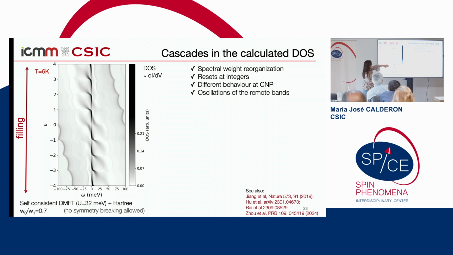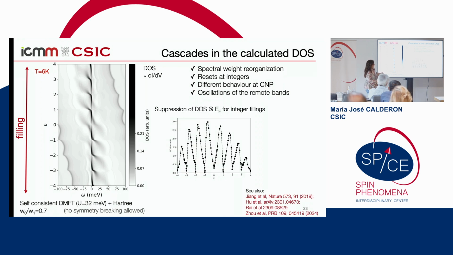Okay, so this is what we are observing here. And also we can look at what happens with the density of states as a function of the filling at the Fermi level. We also see a suppression of the density of states, which is what has been observed experimentally as well.